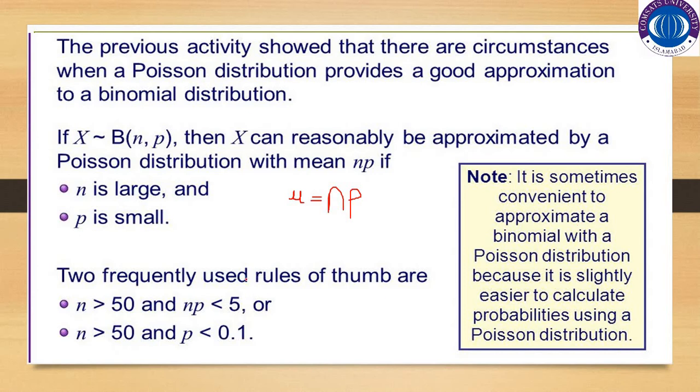Two frequently used rules of thumb are that when you approximate binomial distribution to Poisson distribution, whenever n is greater than 50 and n into p is less than 5, or n is greater than 50 and p less than 0.1. So it is convenient to use Poisson distribution instead of binomial distribution whenever n is very large and p is very small.